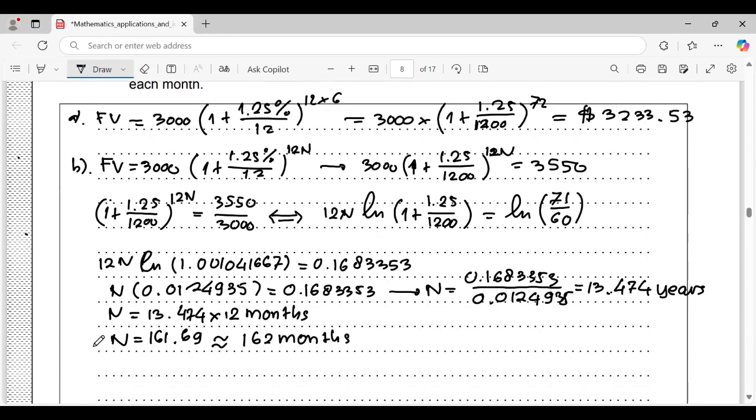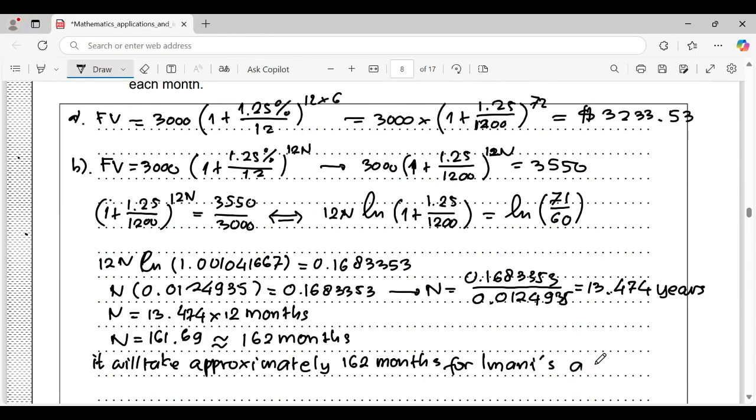So the conclusion: it will take approximately 162 months for Imani's account to reach at least $3,550.